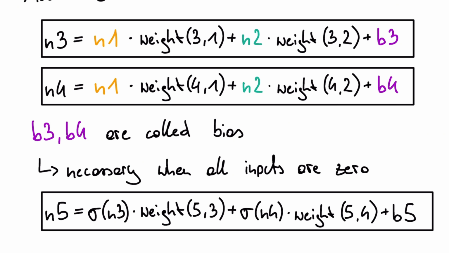So the formula becomes sigma of N3 times weight 5,3 plus N4 times weight 5,4 plus B5. This is basically the same as before, just with the sigma function applied to it. And what exactly this sigma means, I will explain in a moment.